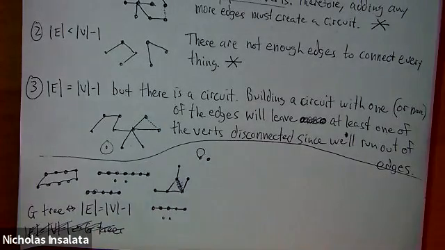Okay, good. How about a tree with 12 vertices and 15 edges? Nope, that's right, too many edges, right? So I think you get the idea, right? Any questions on all that? Does that look okay? No questions?